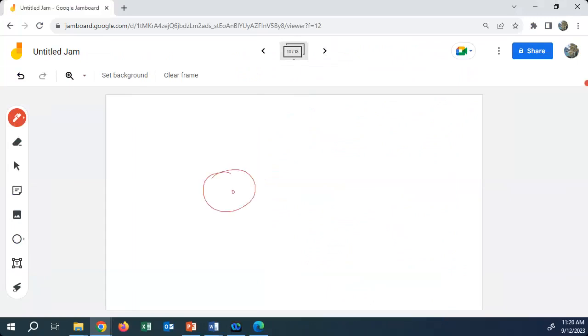So let's say this is a cannon, and this is a cannonball. And I just say this is one system.